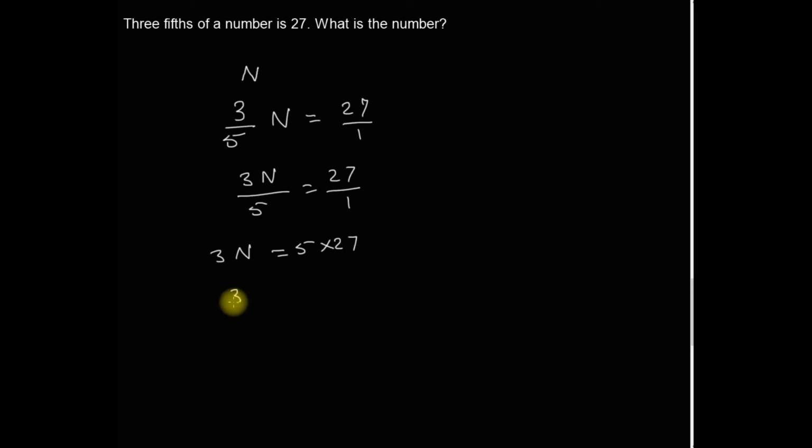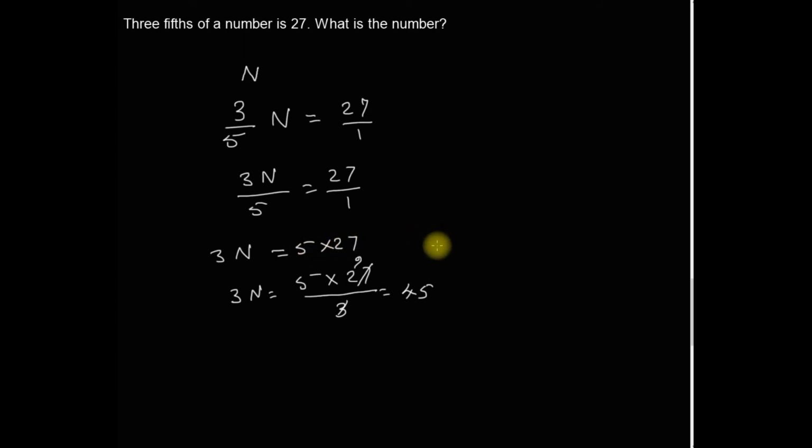Then I can write n is equal to 5 times 27 divided by 3. Now here it's always advisable to simplify if we can, because 27 divided by 3 will simplify to 9, and this becomes 45. You could have easily multiplied 5 by 27.